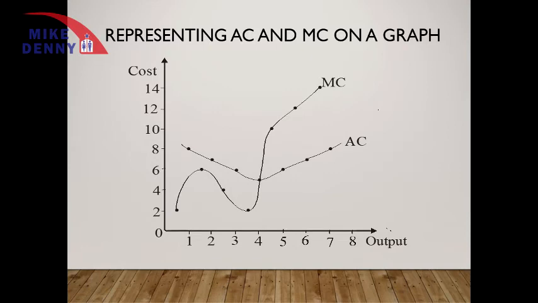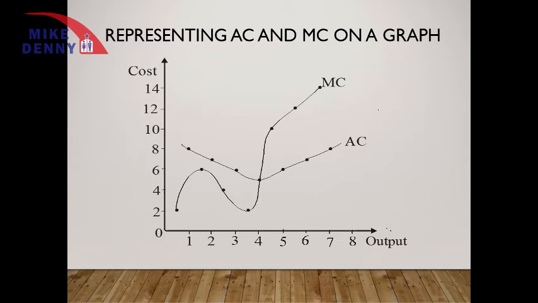So to show that it is the cost of increasing output by 1 unit, we will plot it in between the outputs. As you move from 0 to 1, you get the first unit produced, and the marginal cost associated with the first unit is 2. This is it. So we plot it at the midpoints.